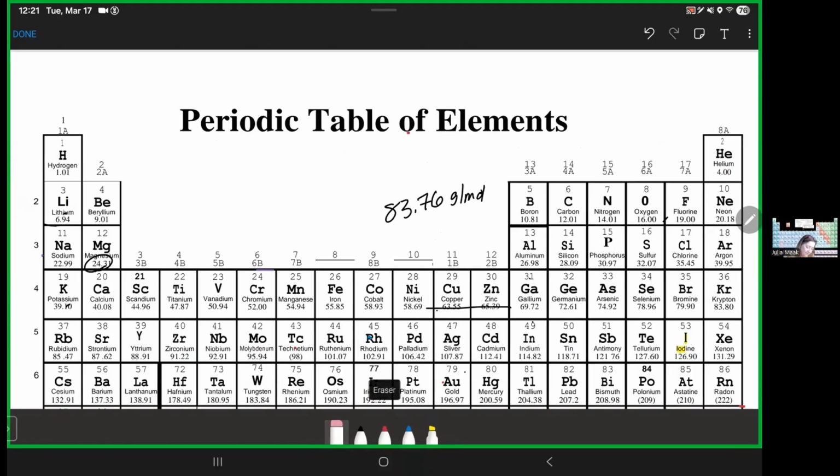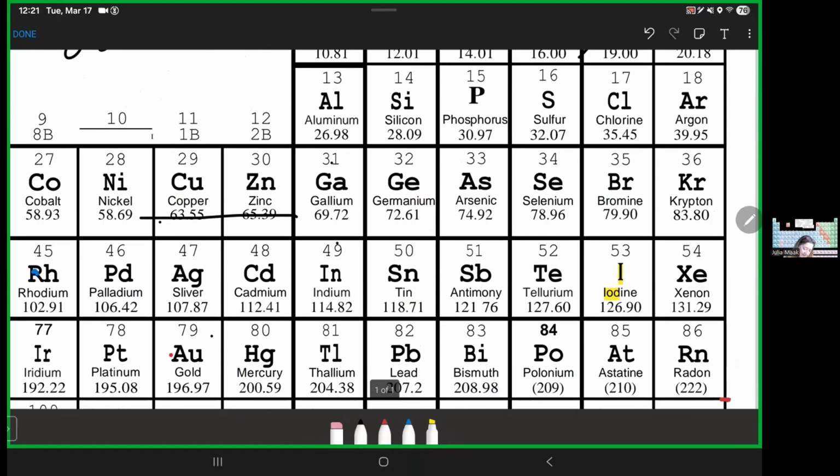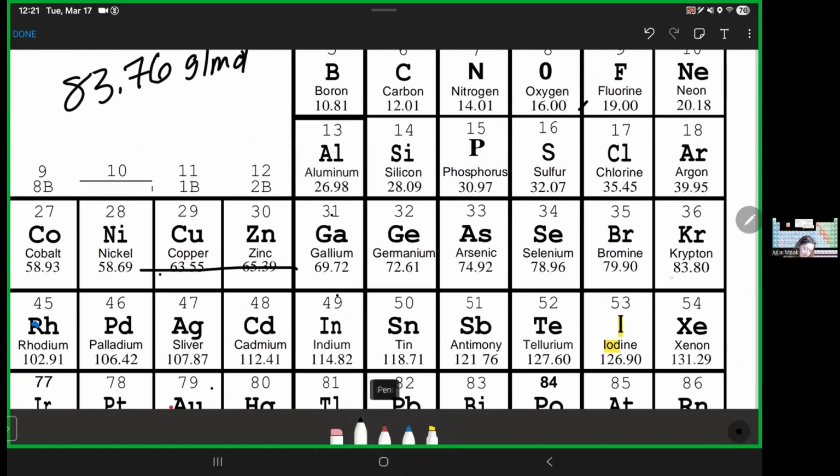Okay, so go over here, down into the 80s. Okay, so I have 83.8. Well, that's pretty close because if I rounded this to 3 sig figs, that would be 83.8, right?